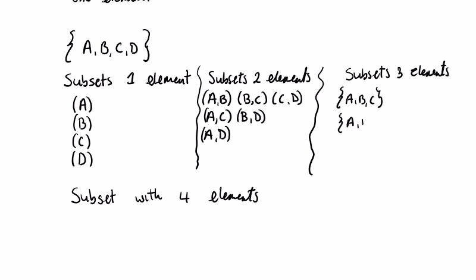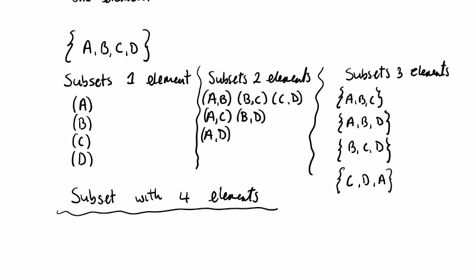Start with A again, will give me A, B, and D. If we go on to starting with B, B, C, and D. So we have B, C, D, we have the other B's, we have A, B, C, A, B, D. If we go on to starting with C, we have C, D, A. And you're all telling me that the name of the subset with 4 elements is an improper subset, and there's only one of them, A, B, C, and D.